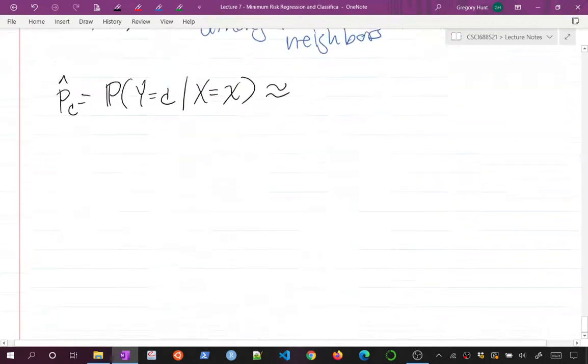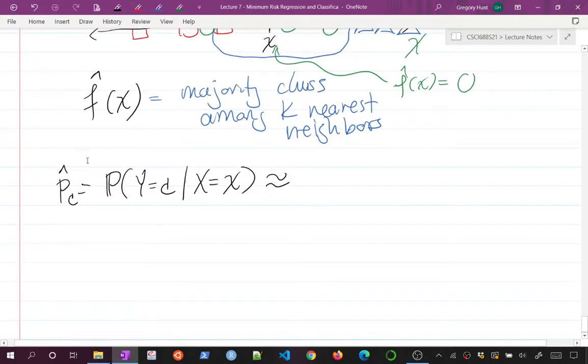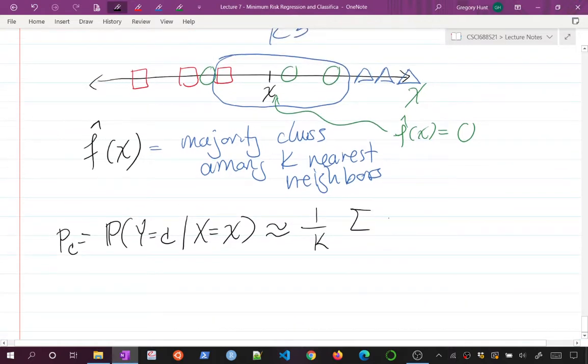I need to calculate all these p_c hats, and I'm going to approximate them as the percentage of the k nearest points that are of class c. My notation is I'm going to look over n, where the x_n are in the k nearest to my x, and I'm going to look at the corresponding training y's and see if they're in class c.